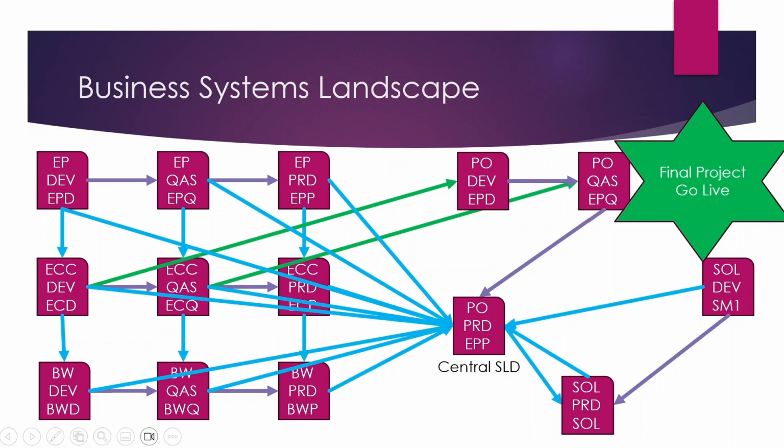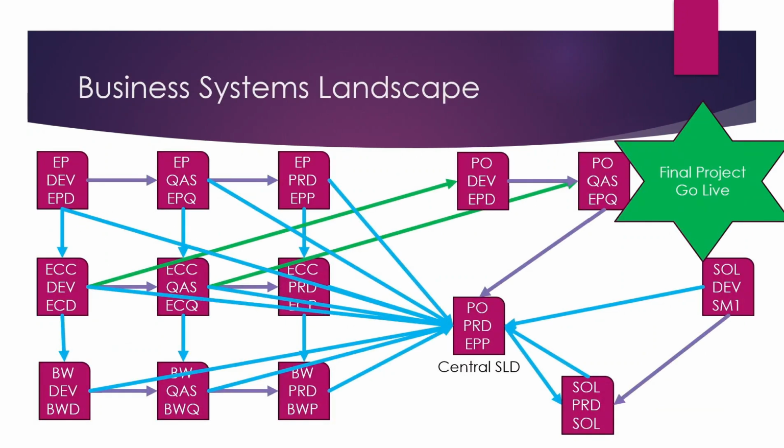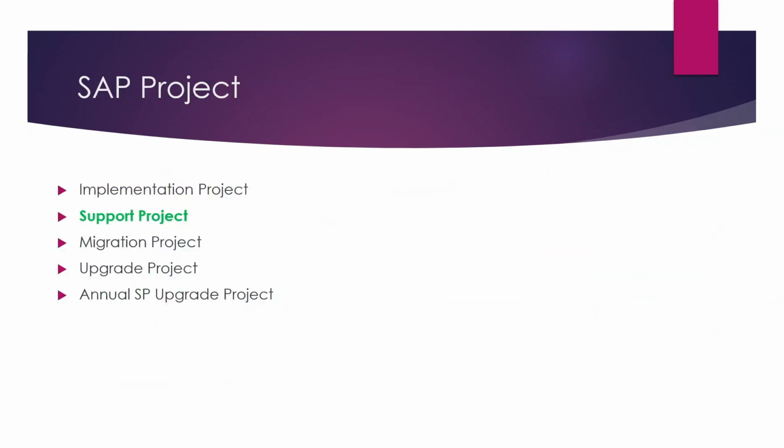It depends upon the requirement and mutual agreement, and the customer may also prefer to do it a certain way. So that's how your business system landscape is implemented in an implementation project, and then the support project starts.